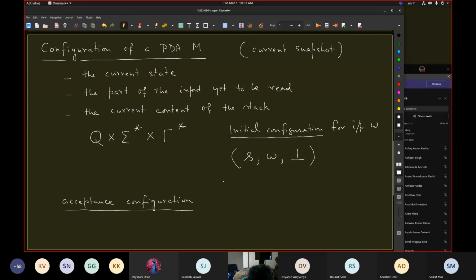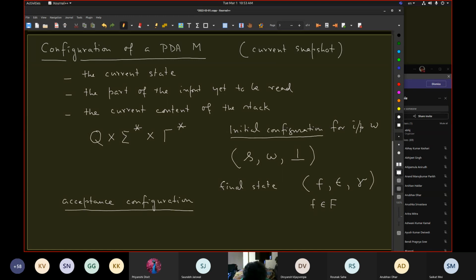If it is by final state, it should be something like this: (F, epsilon, gamma), where F is a member of the set of final states.